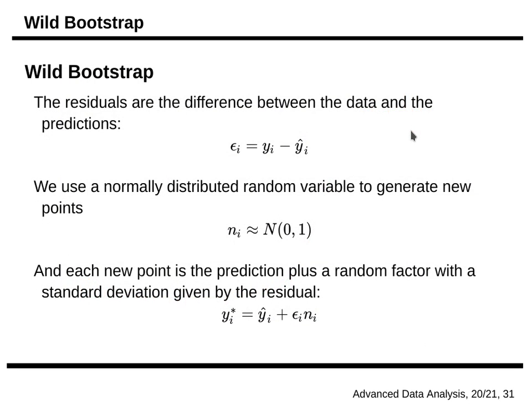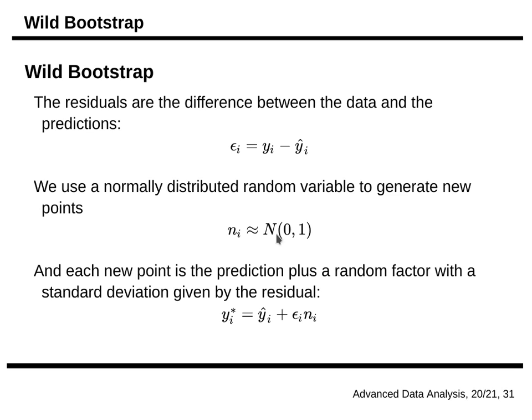So this is how we can do wild bootstrap. We compute the residuals, and each residual is the difference between the value that we have in our data and the value that we predicted from our adjusted model. And now we can assume that we have some dice, some random variable that we can generate that is normally distributed, and we're going to create a new replica for each point by adding to our prediction the residual that we have for that point multiplied by this normally distributed random variable.